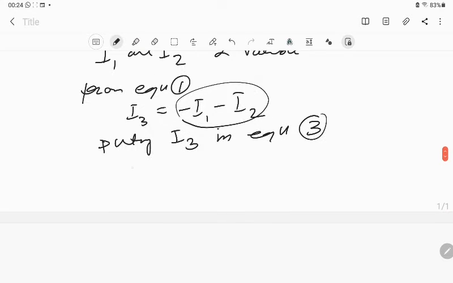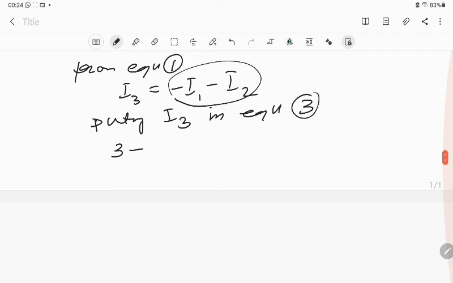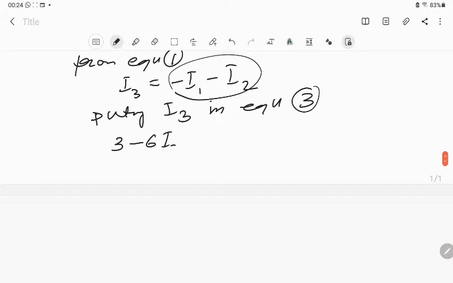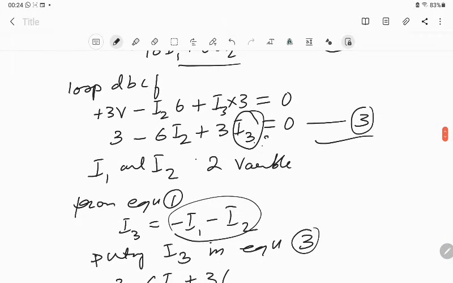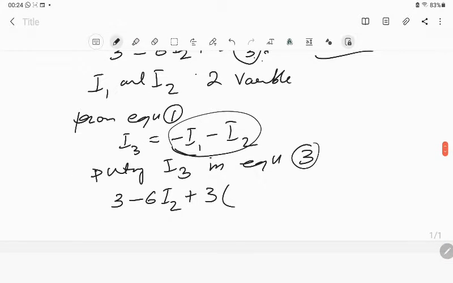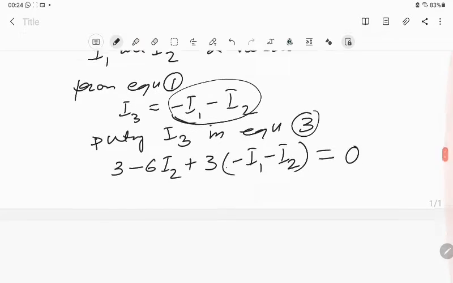So if you put like this, then 3 minus 6I2 plus 3 into I3, I3 is this one, minus I1 minus I2, equal to 0.